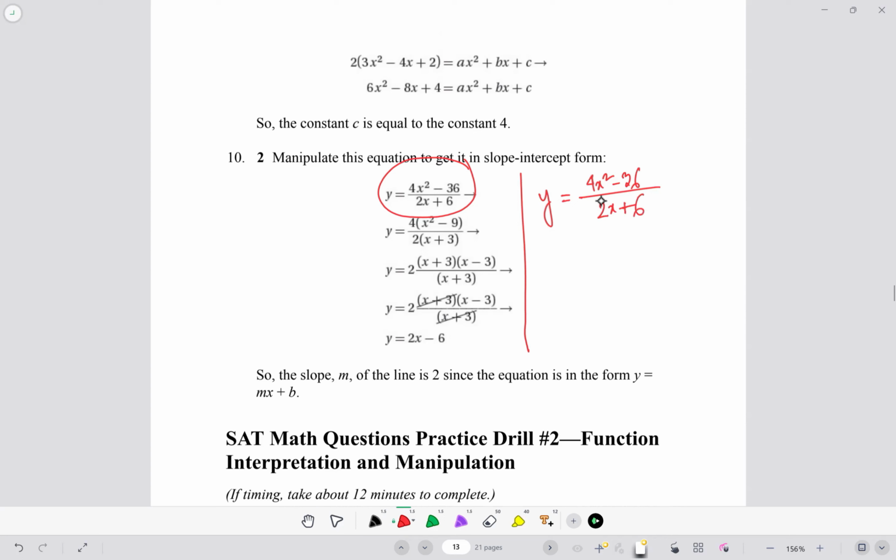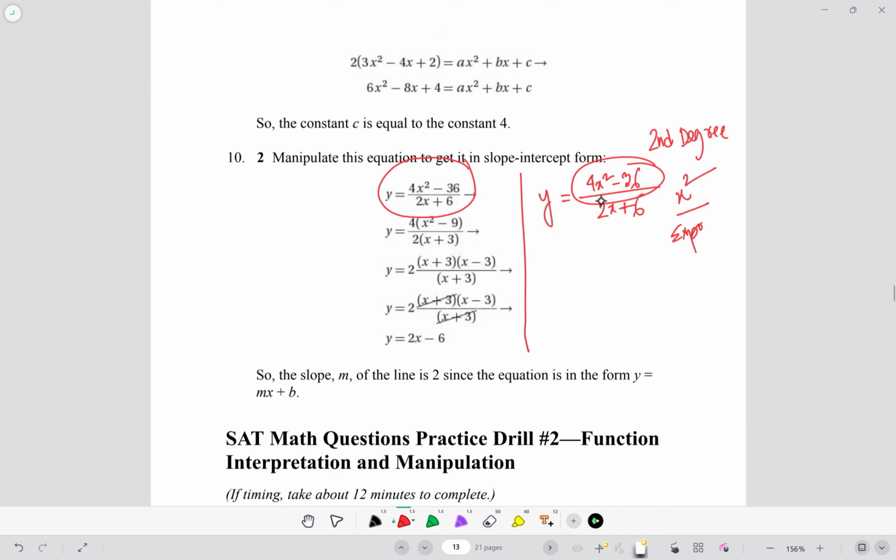This is a second degree polynomial, right? Because we have x squared, so the exponent is 2.